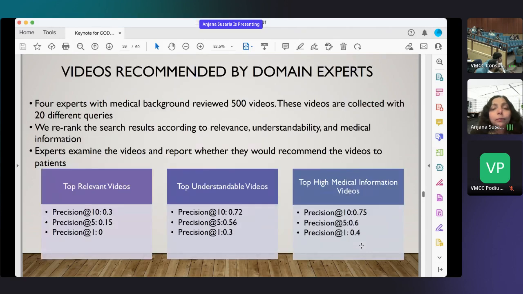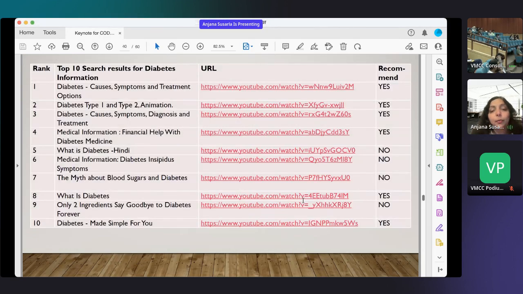We are happy to report that the precision at K measures showed that our method is scalable and it also performs well in comparison with human experts and what they would predict.